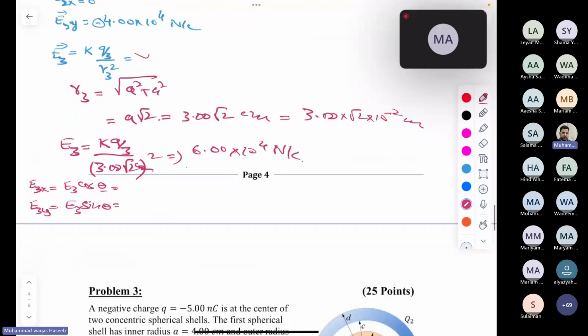So we took theta as 45, then we have 6 × 10^4 cosine of 45 degrees.